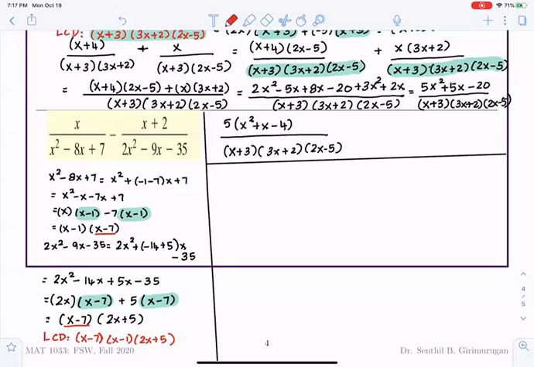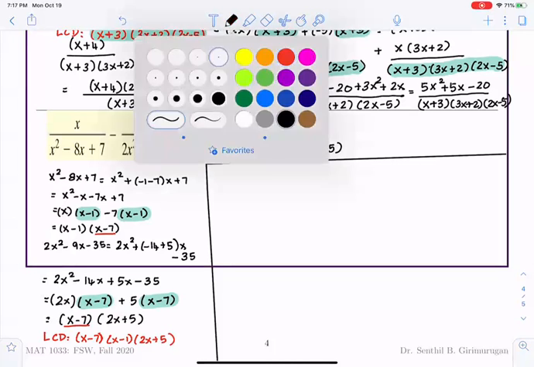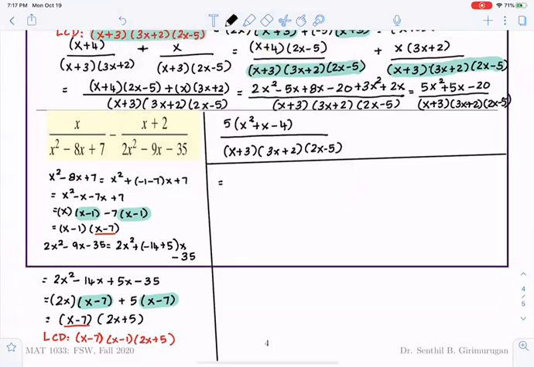So we know x divided by x squared minus 8x plus 7 can be written as x divided by x minus 1 times x minus 7. There is a minus in the middle, x plus 2 divided by the factored form of the denominator, x minus 7 times 2x plus 5.